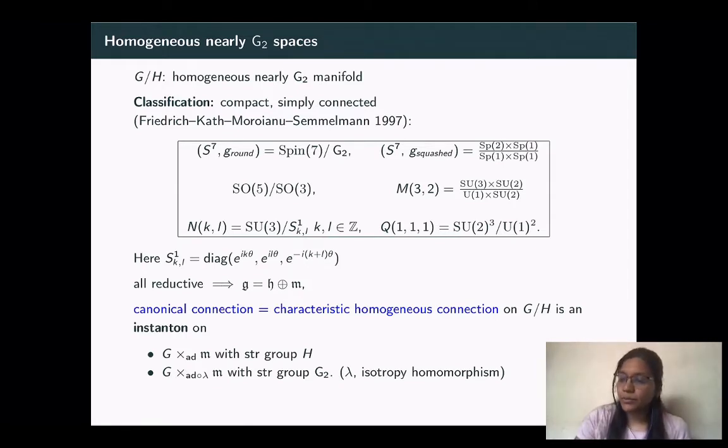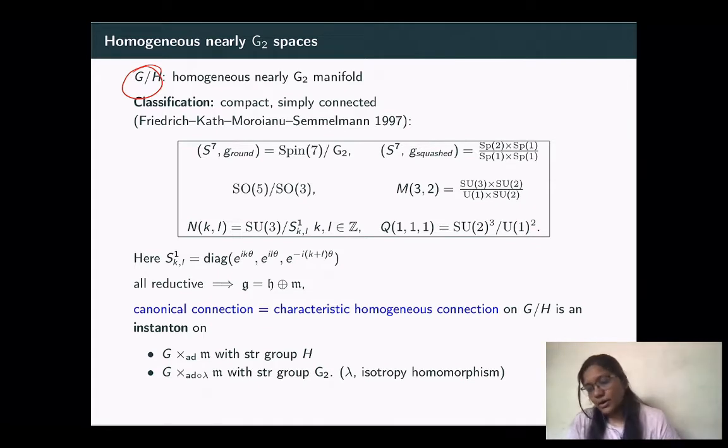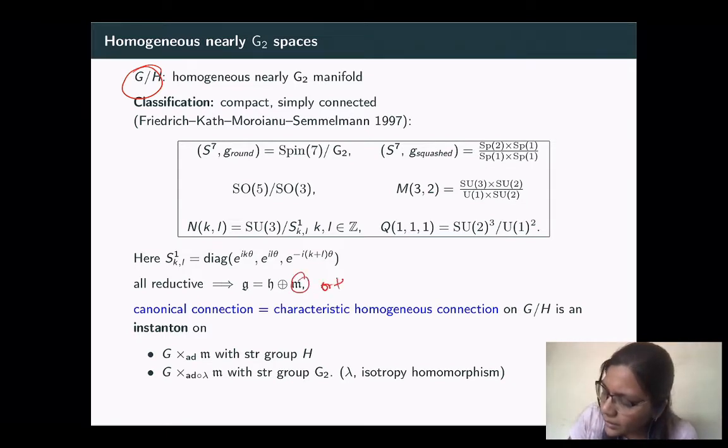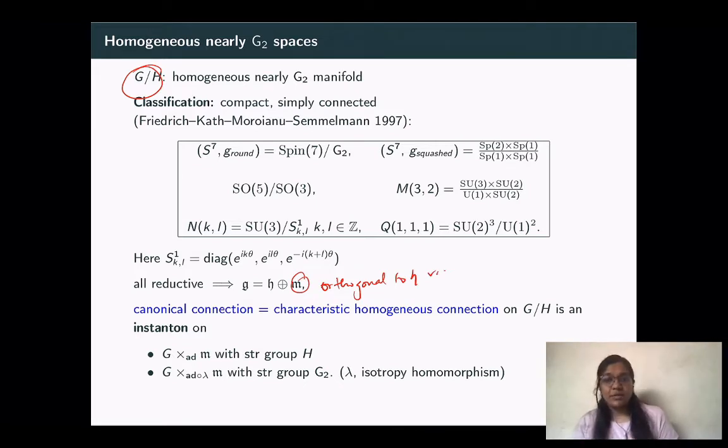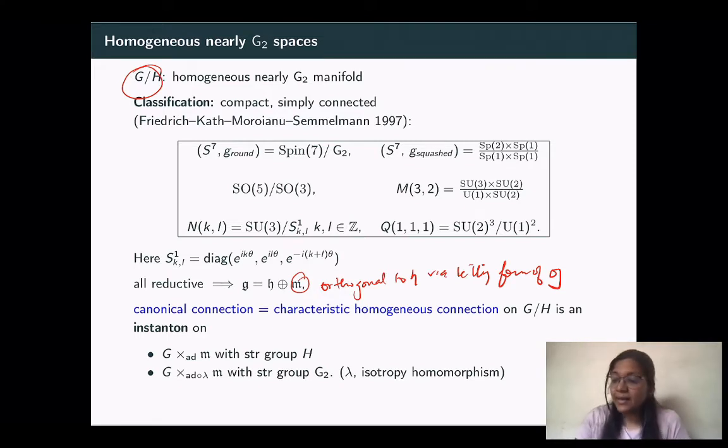By reductive I mean that if they are written as G mod H, then, using fraktur letters to denote the Lie algebras, g is the Lie algebra associated to the Lie group G, and h is the Lie algebra associated to H, and this space m is orthogonal to h via the Killing form of G. Since all of these Lie algebras are semi-simple, they have a Killing form, which is negative definite, and thus we can treat the Killing form as a metric on the Lie algebra of G, and it gives an induced metric on G mod H. We see that m is the orthogonal complement of h, and this is 7-dimensional, and it is basically the tangent space at the identity coset eH of G mod H. So this is how we can define this orthogonal space m.